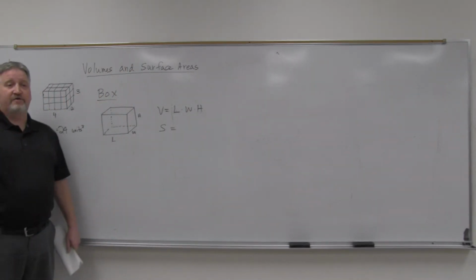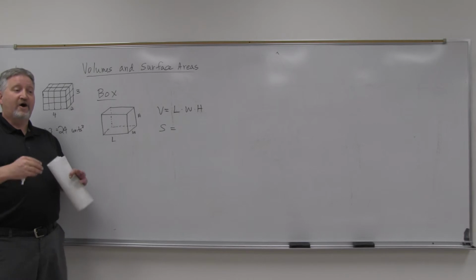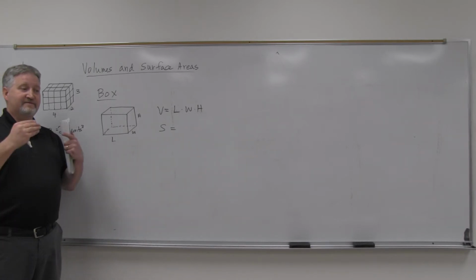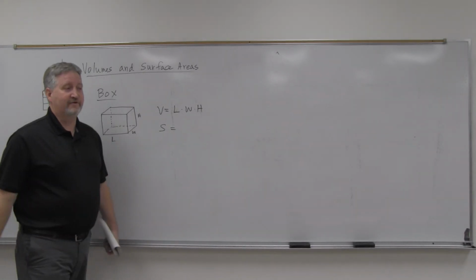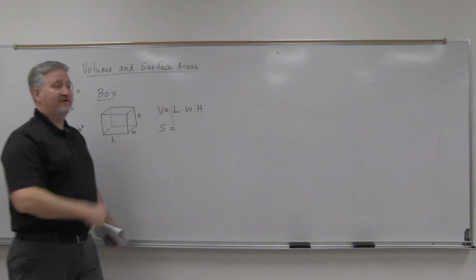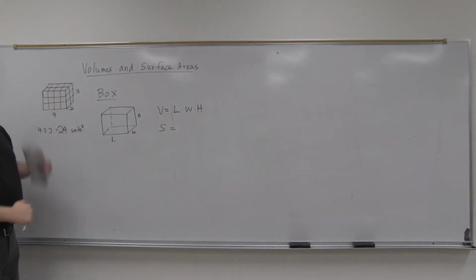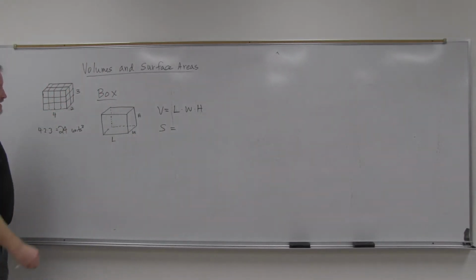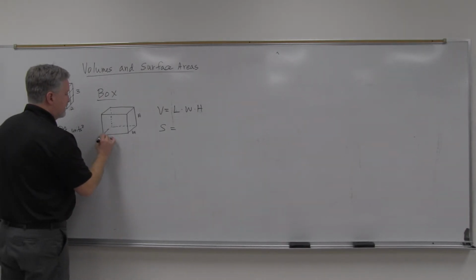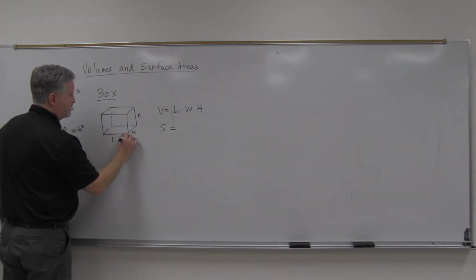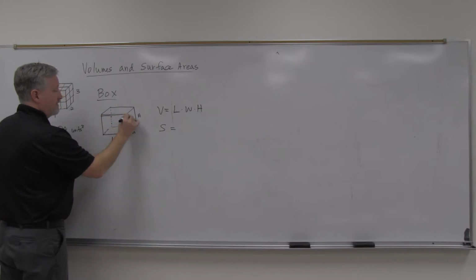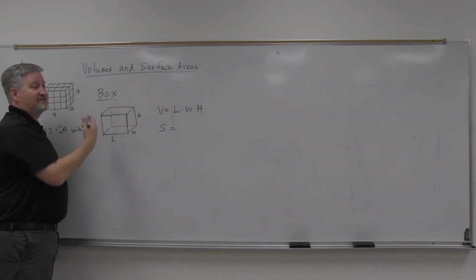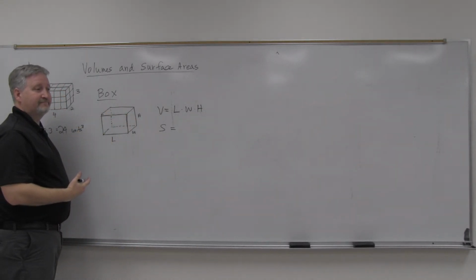So I need to add up all those to get the surface area. Also nice about it is several of the sides are congruent, right? The front and the back are the same, the 2 sides are the same, and the top and the bottom are the same. So let's just do the front and the back. The other good news is all the surfaces are rectangles, right?